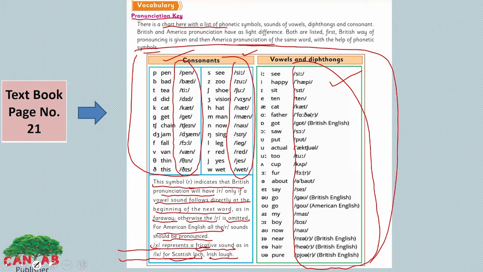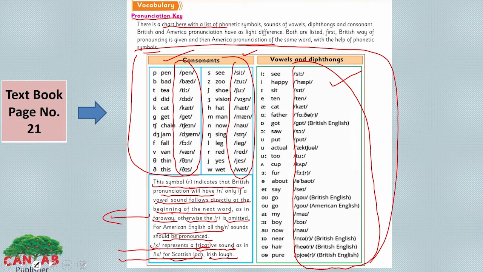Here in British English, if a vowel sound follows directly at the beginning of the next word, as in far away, we will pronounce R in far away. Otherwise, in most British words, the R is silent. But in American English, R should be pronounced.